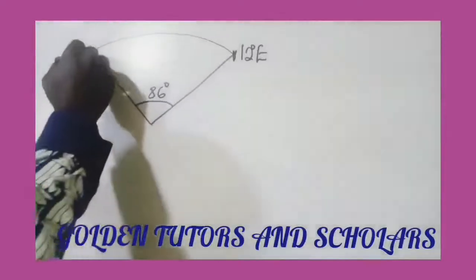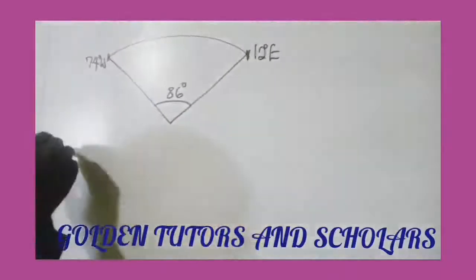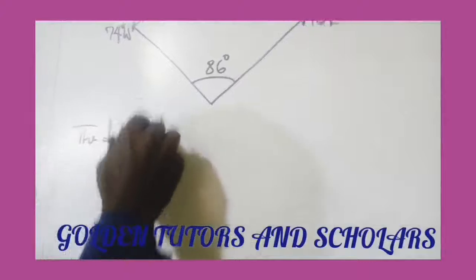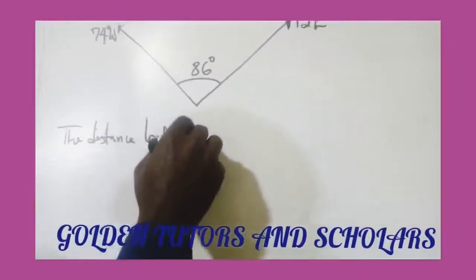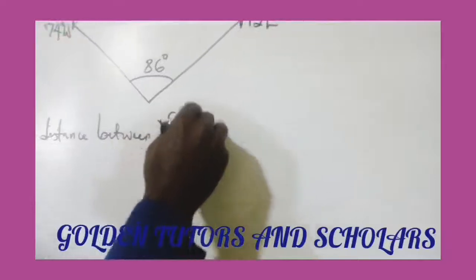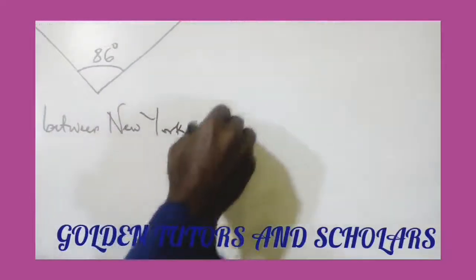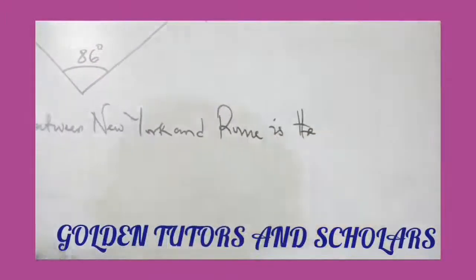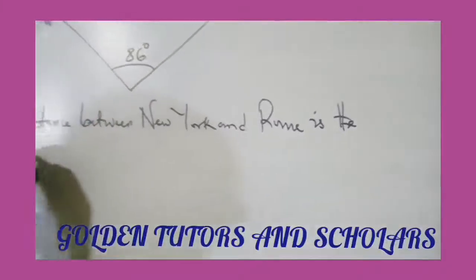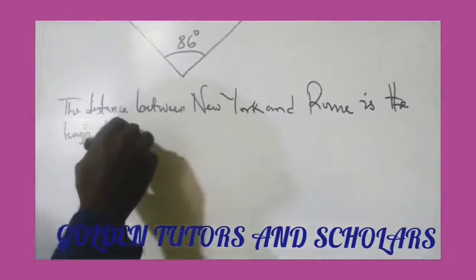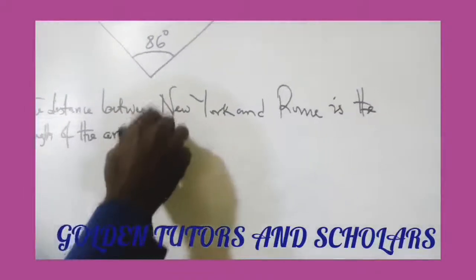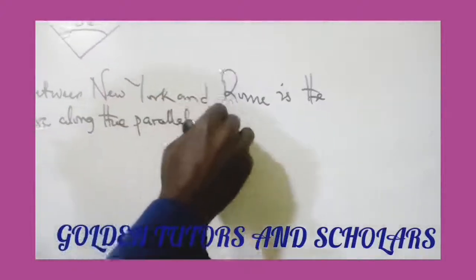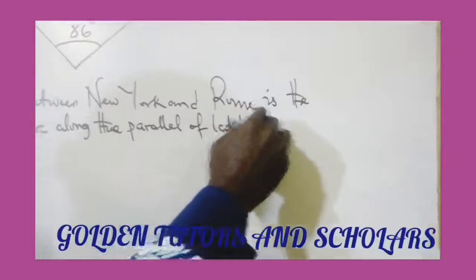How do we calculate the distance between New York and Rome here? Now, the distance between New York and Rome, as given to us in the question, is the length of the arc along the parallel of latitude.